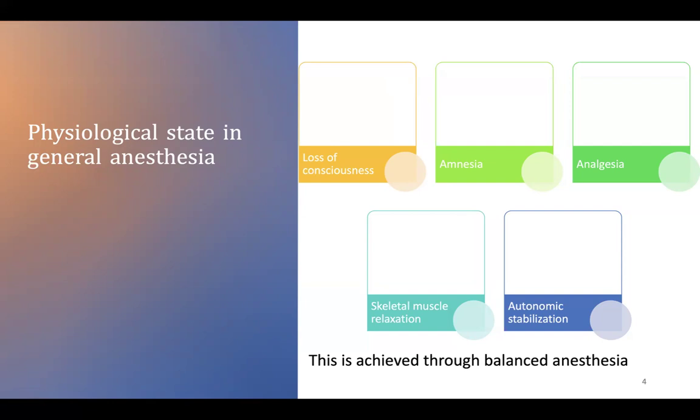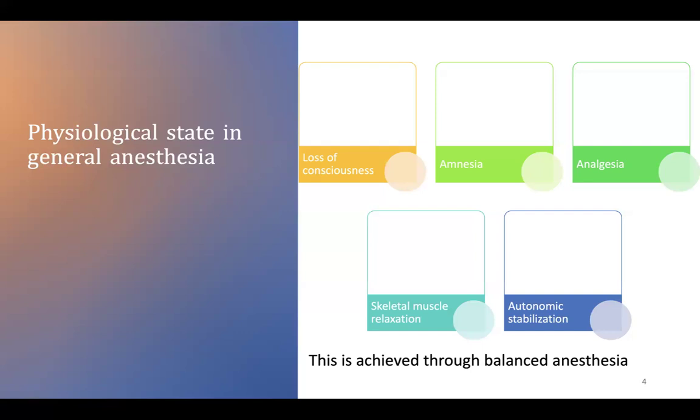Sometimes we have to do intubation, or we want to ensure that the person is not jerking whilst we are doing the surgery, so we do skeletal muscle relaxation. Then we also want to take control over autonomic activities like the heart rate, the blood pressure, the respiratory function, and all that. So we do what we call autonomic stabilization.